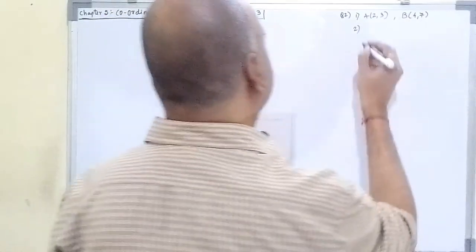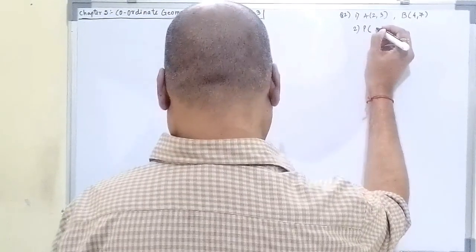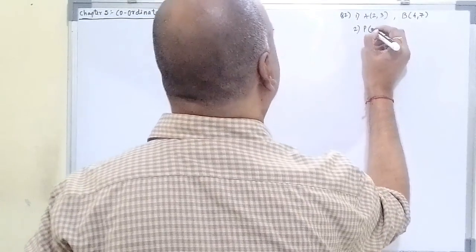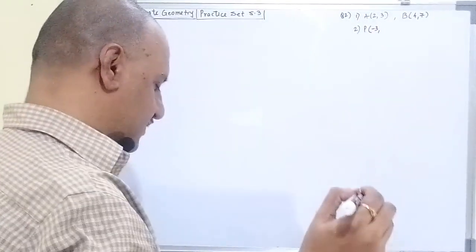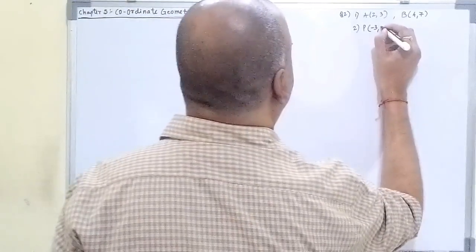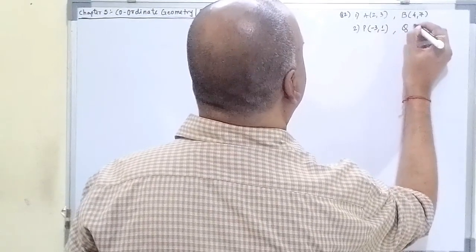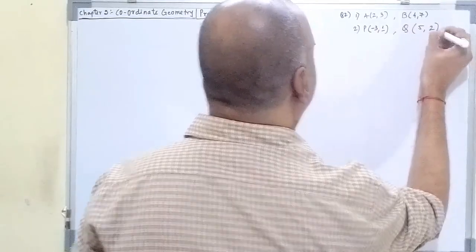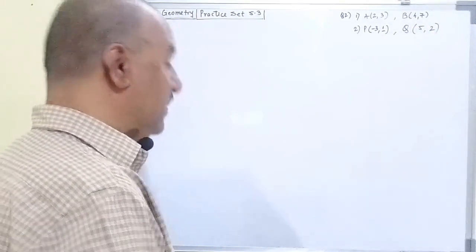Then P, they have given us -3, 1, and Q is 5, -2.